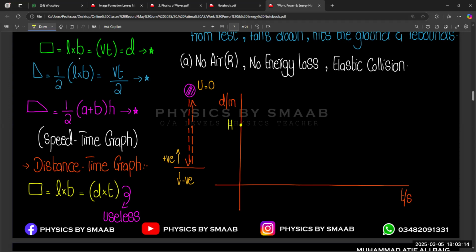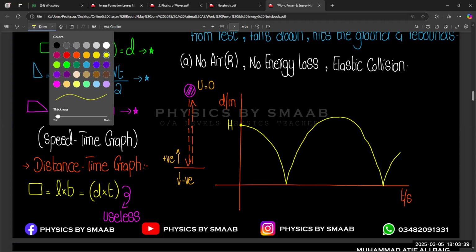So it strikes the ground, then rises up, again strikes the ground, and again it tries to rise up. The important thing to discuss here is that the maximum height remains the same.